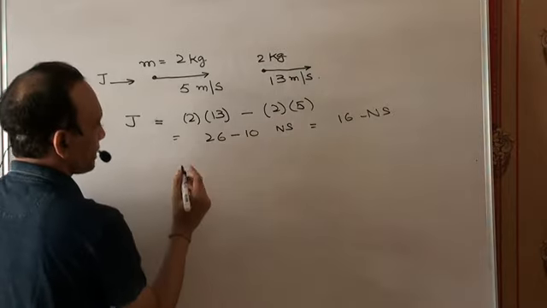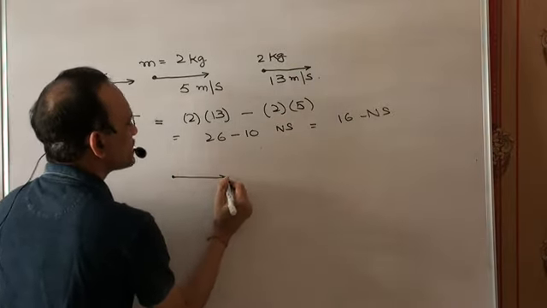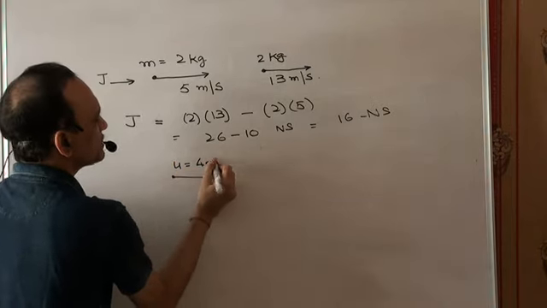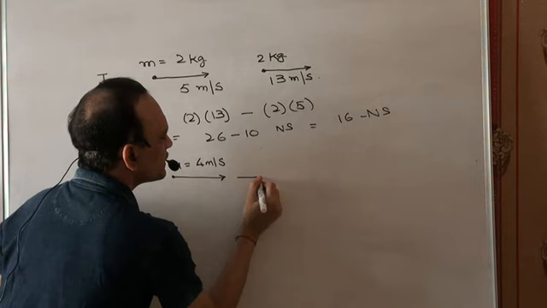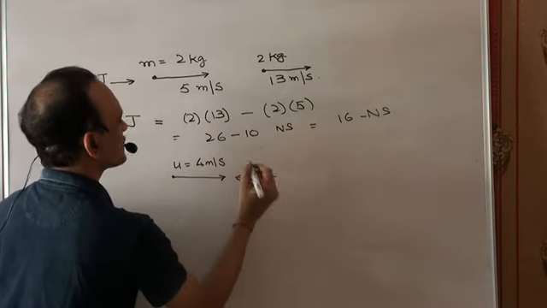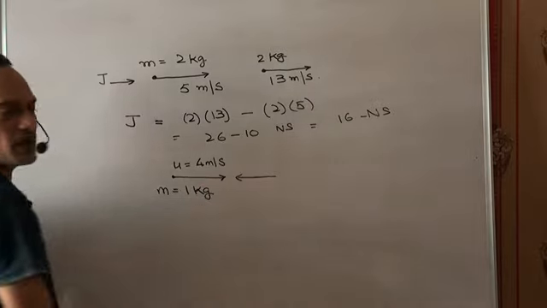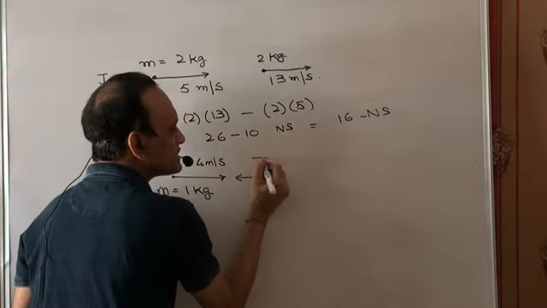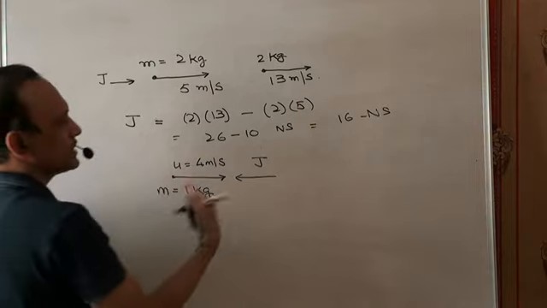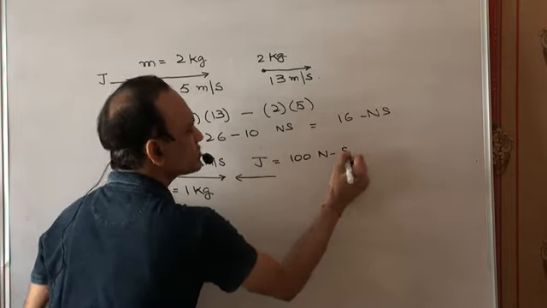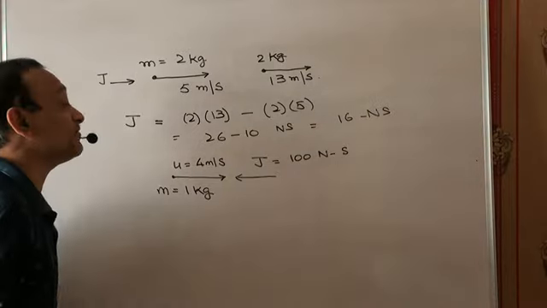Suppose there's a particle of mass 1 kg moving in this direction with a velocity of 4 meters per second, and there is a linear impulse J acting opposite to the velocity, J equal to say 100 Newton second, and I want to find the final velocity of the particle.